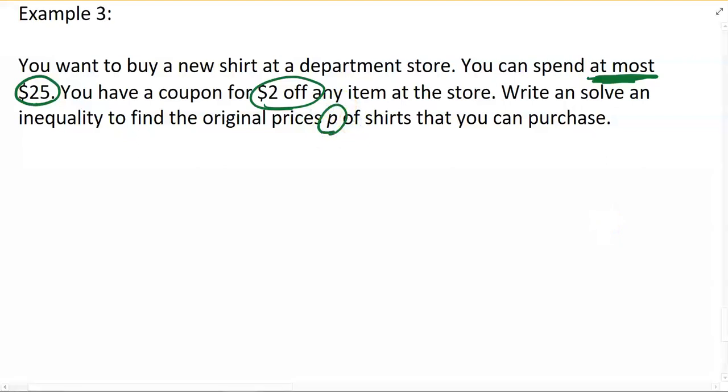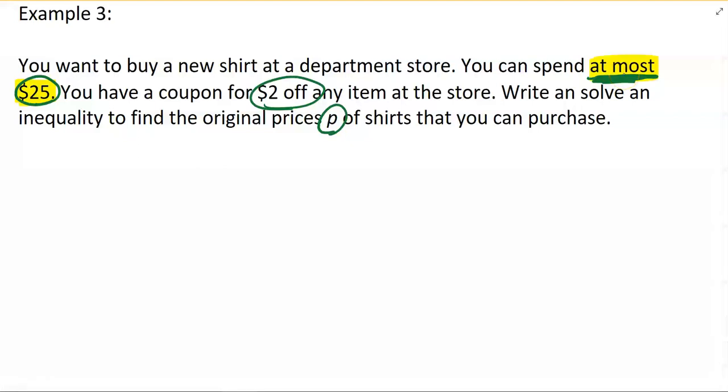And so let's talk about that first key piece of information. When you're dealing with inequalities, you're going to have some statement that deals with what inequality needs to be written, because it's not just equal to anymore, right? So the words at most, when you think about at most, you can have at most 2 slices of pizza at a function before you go back for seconds, right?